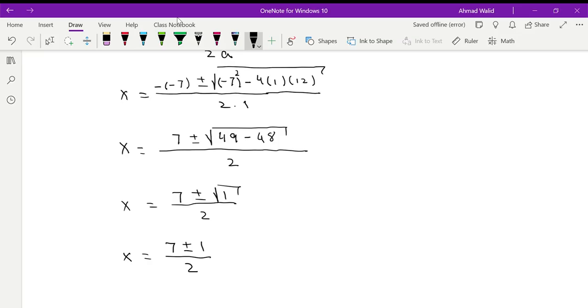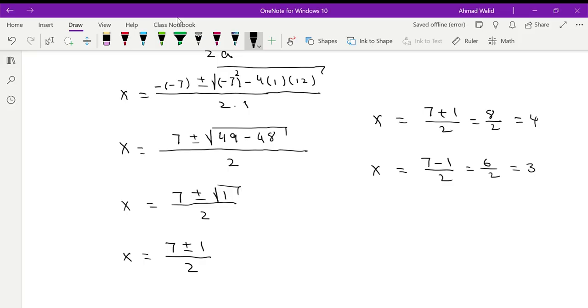The first answer, x equals 7 plus 1 over 2, which gives you 8 over 2, which means 4. And the second answer, x equals 7 minus 1 over 2, which gives you 6 over 2, which means 3. Two roots of the equation.